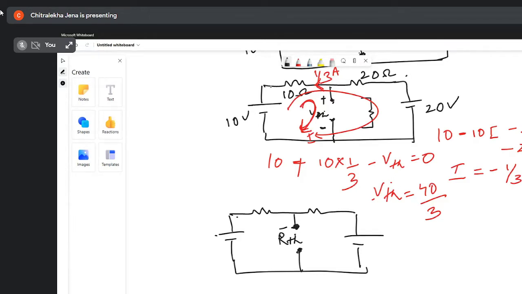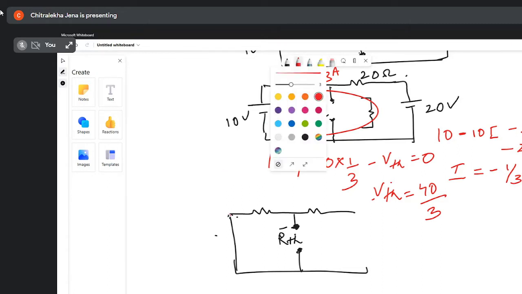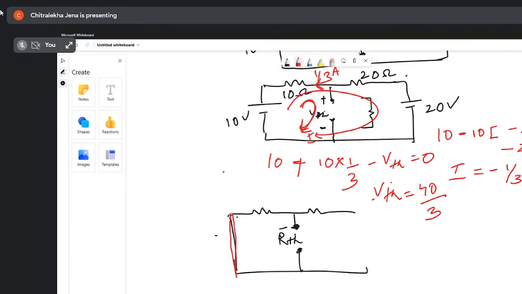So what you will do? You will deactivate the energy sources. While finding the resistances, you will deactivate the energy sources. Voltage source is there, how will you deactivate it? You will short these two so that there will be no voltage source.